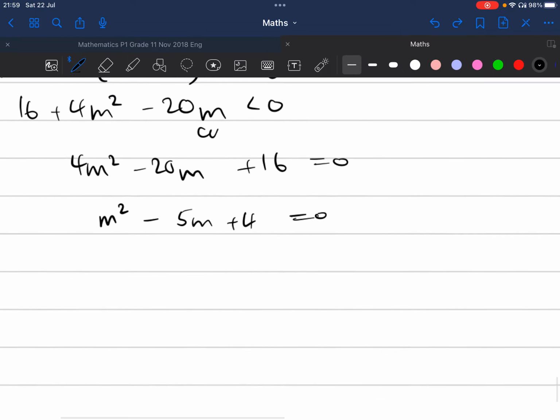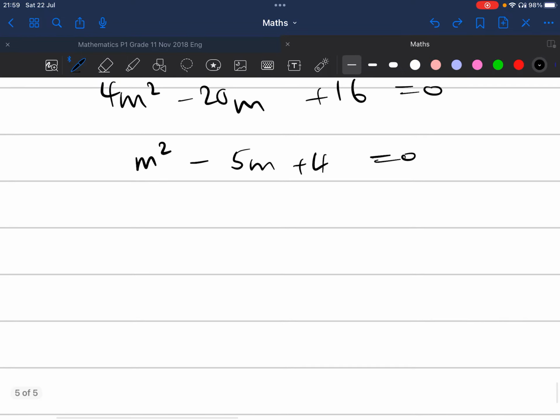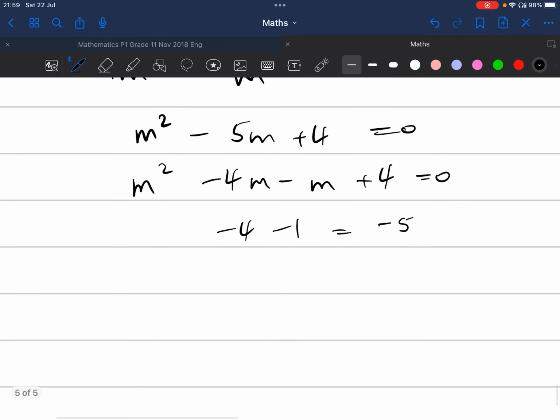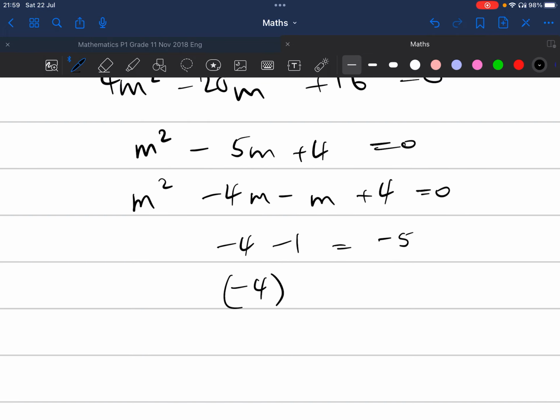Right, now again, we need to find two numbers that when you add them together, you get to minus 5, and when you multiply them together, you get to 4. Okay, and what two numbers are that? Well, let's think. Let's try minus 4m minus 1m, right? Now if I take minus 4 minus 1, I get minus 5. And if I take minus 4 times minus 1, I get 4.